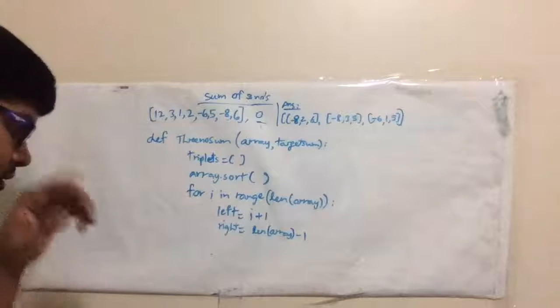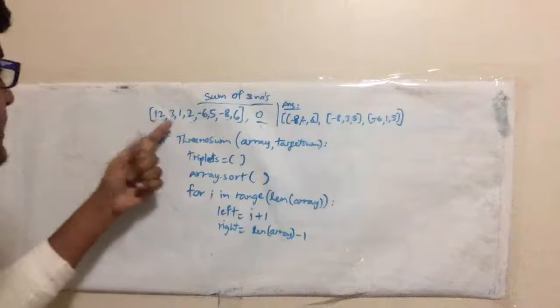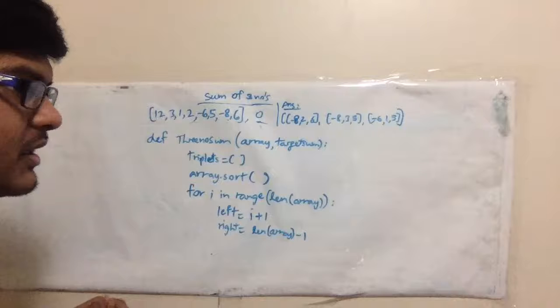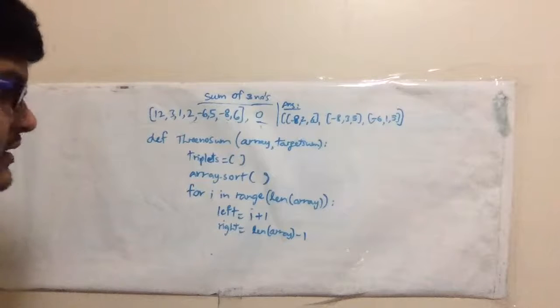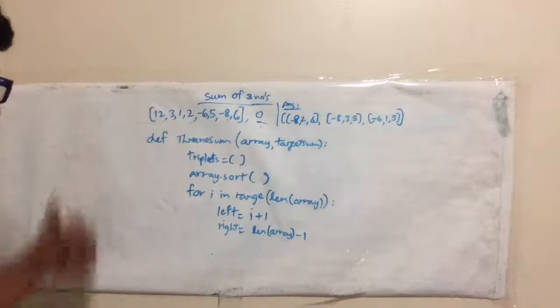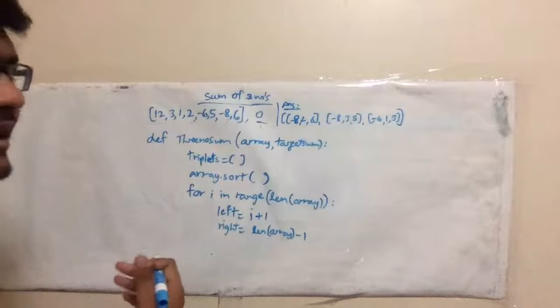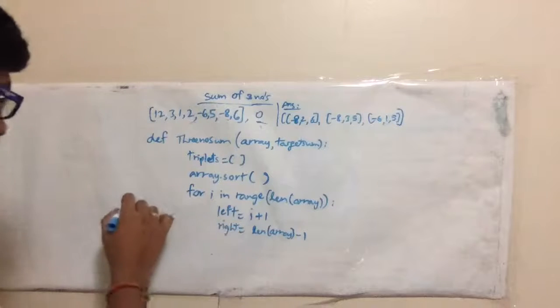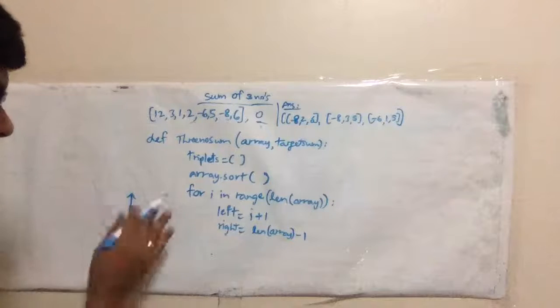So we have marked the left and right pointers. We need to check continuously whether the sum is getting the target sum or not. As I told previously, the base condition for running that while loop is that the left and right pointer shouldn't even coincide.